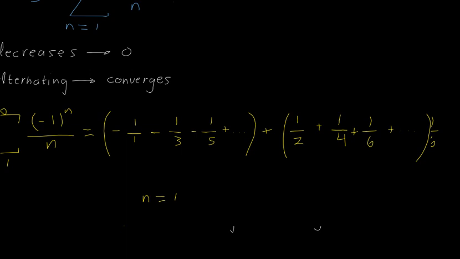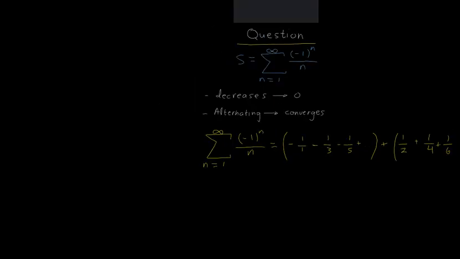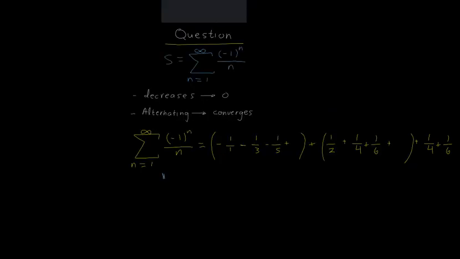And for odd terms, when n is an odd exponent, we should be getting negatives, because negative 1 to the 3, when n is 3, negative 1 over 3, negative 1 over 5, negative 1 over 1. Okay, so this is what we've got right now. Looks pretty cool. Both of these are going to diverge.